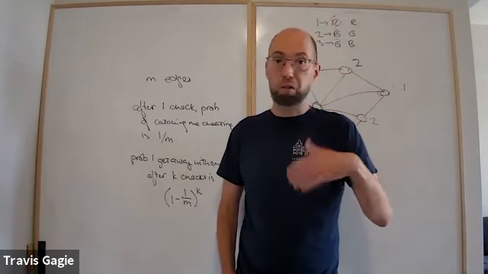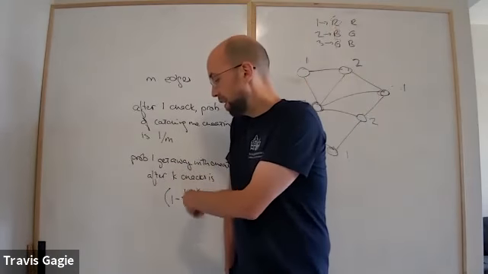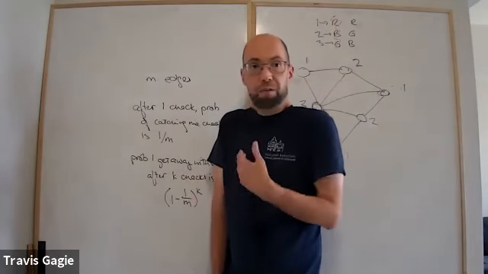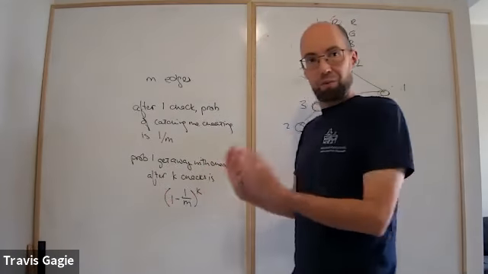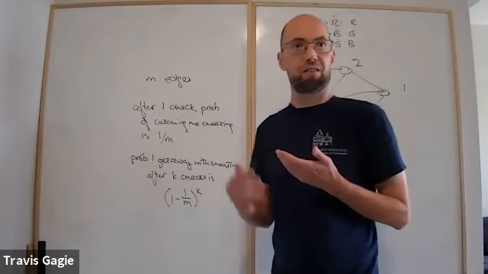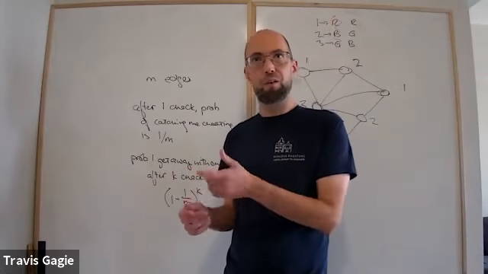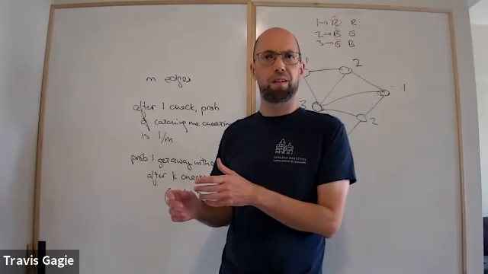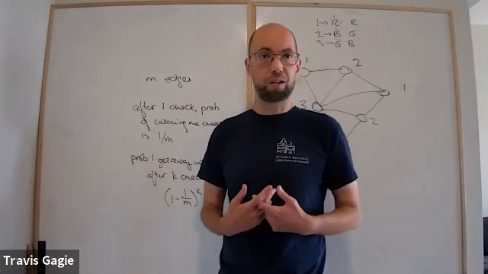Well, it's still polynomial. If you want to be more and more sure, then I can use more and more checks, but I only need a logarithmic number of checks: log of 1 over the probability that you want to have as the chance that I get away with cheating.